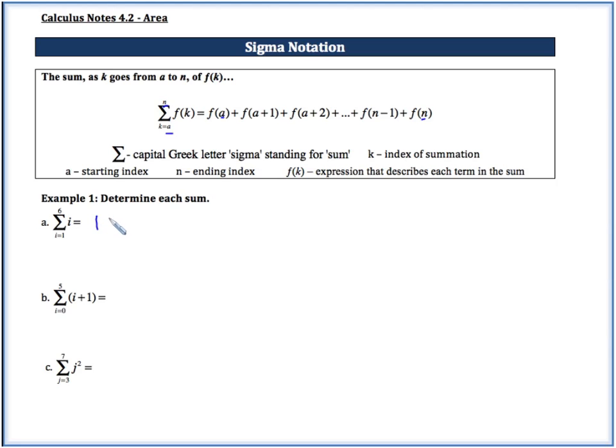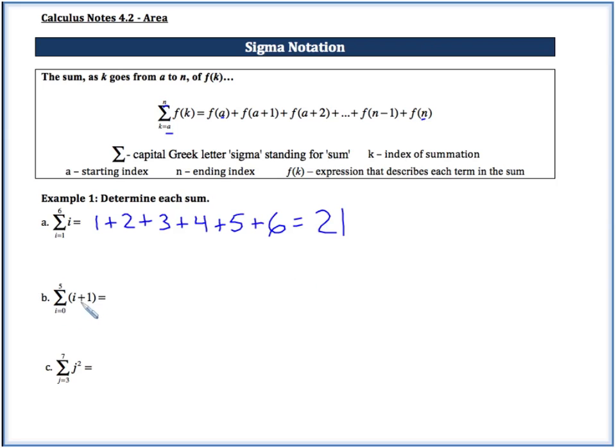And then we're going to substitute 2 in for i, and then 3 in for i. And this is just going to keep going up by 1 until we get up to i equals 6, which would be right here. And so to find our sum, we want to add all these together. Well, it's 3, 6, 10, 15, and 21.